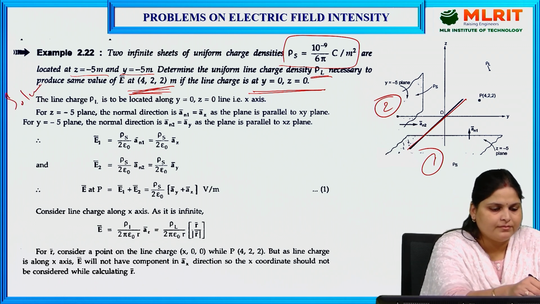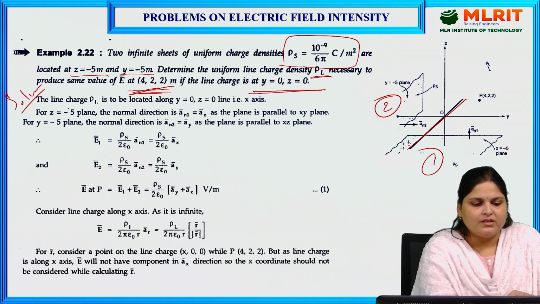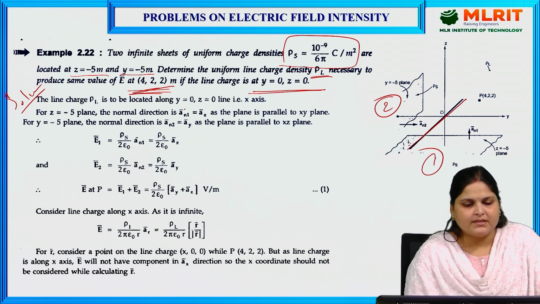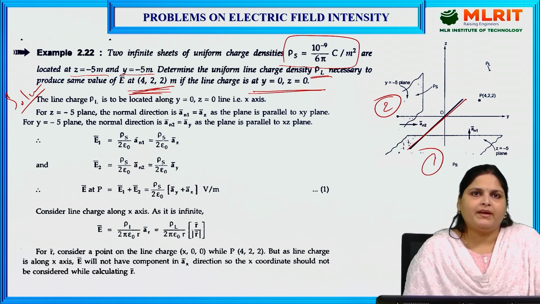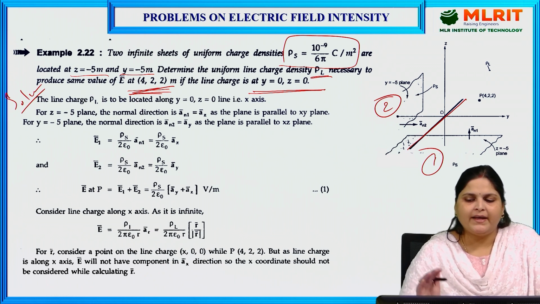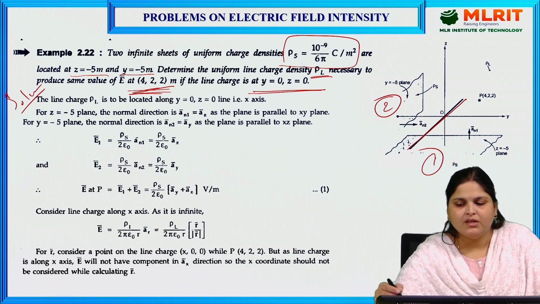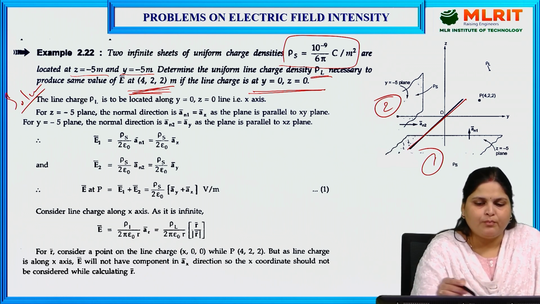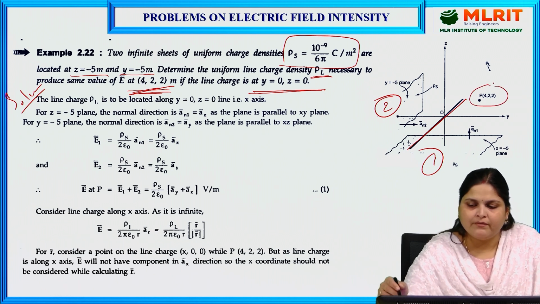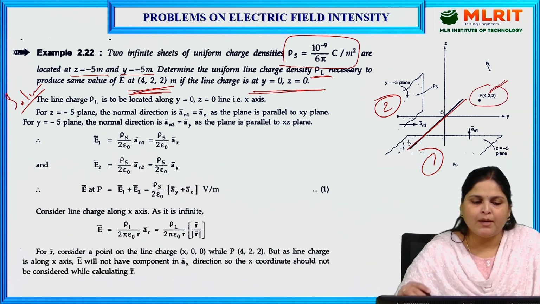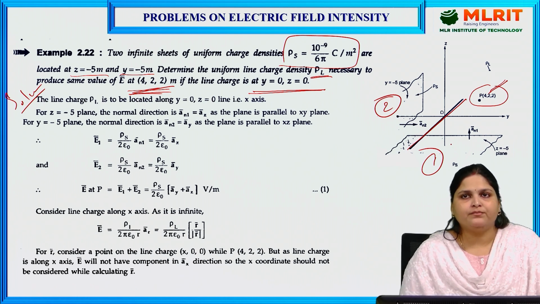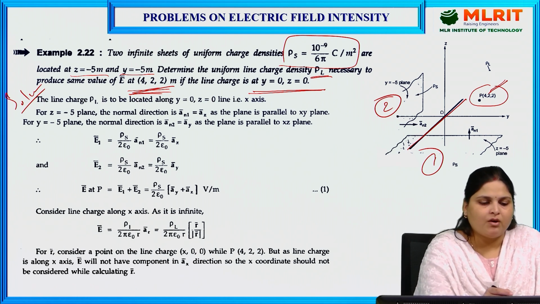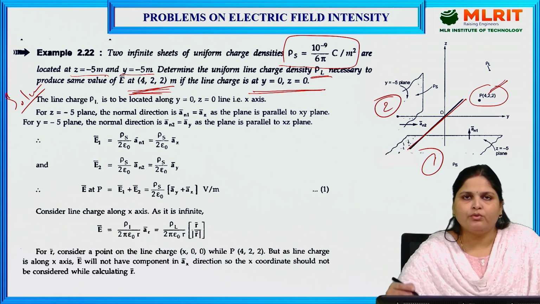Okay, so let's solve it. The line charge rho L is located on the x-axis. For the z is equal to minus 5 plane, the direction of the field: the point (4, 2, 2), if we consider its z coordinate, is above this particular plane, because the plane is present at z equal to minus 5.